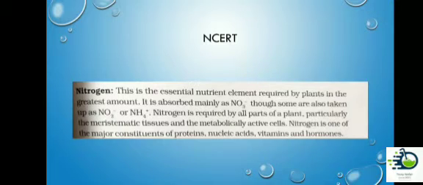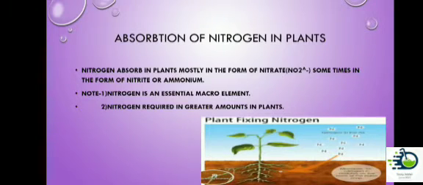Now, nitrogen is a major constituent of proteins, nucleic acids, meaning RNA and DNA, deoxyribonucleic acid and ribonucleic acid, and vitamins and hormones and enzymes also, which act as biocatalysts. Now, absorption of nitrogen in plants. Nitrogen is absorbed in the form of nitrate mostly, and sometimes as nitrite and ammonium.